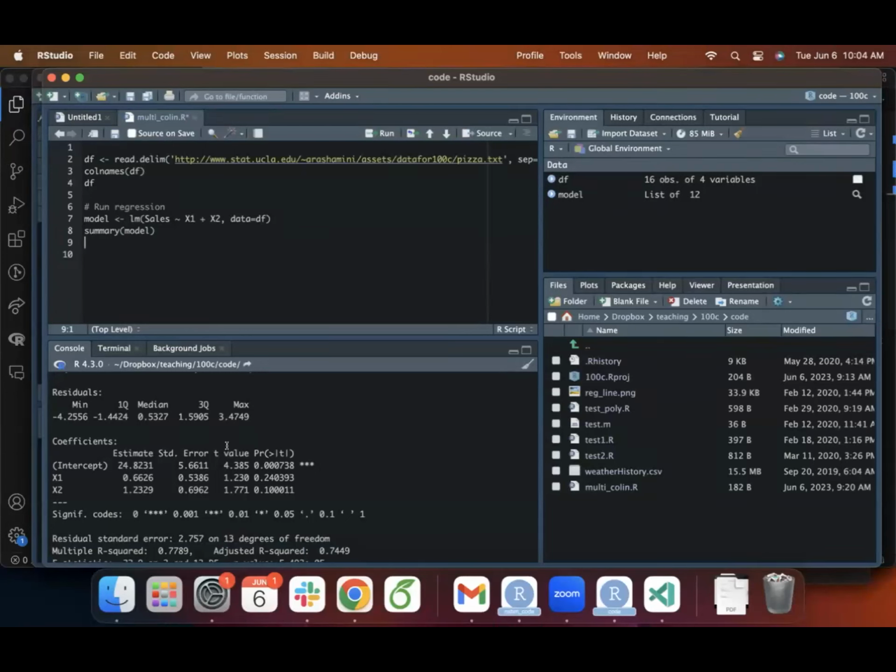So the estimate of the intercept is 24. The estimate for x1 is 0.66. This is beta hat 0, beta hat 1, beta hat 2. Standard errors you can calculate, these are standard errors of beta hat. And then you have the t-values, which are the values of the t statistic, and the p-values.